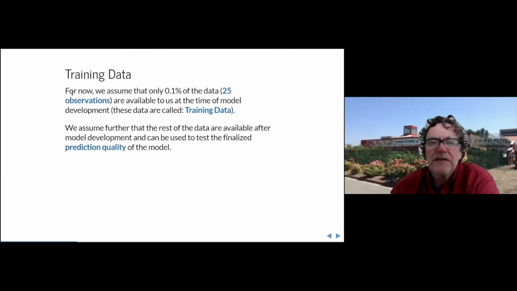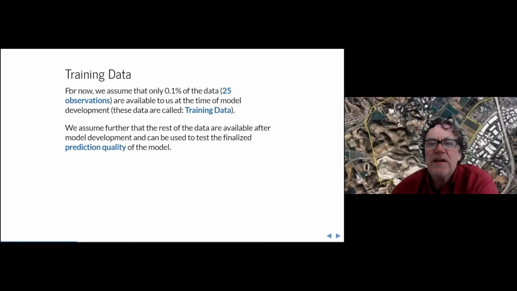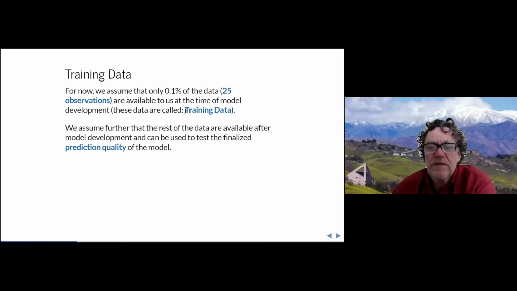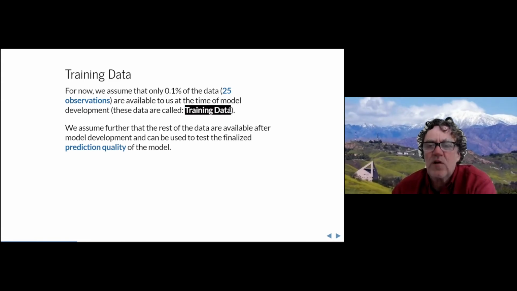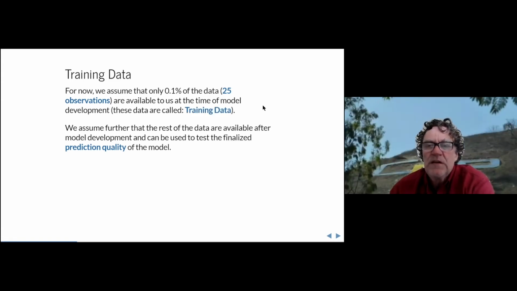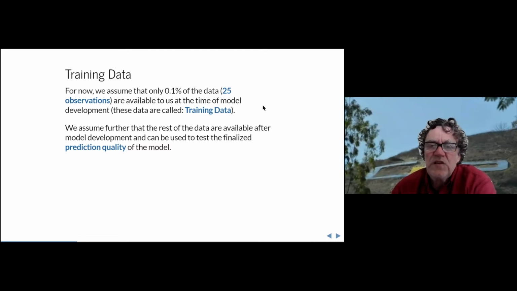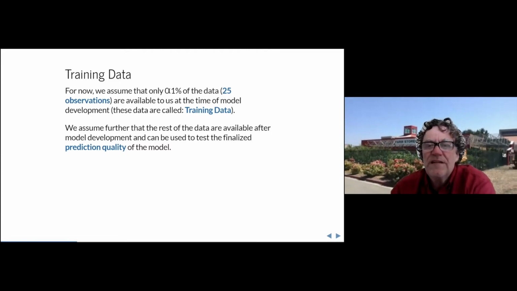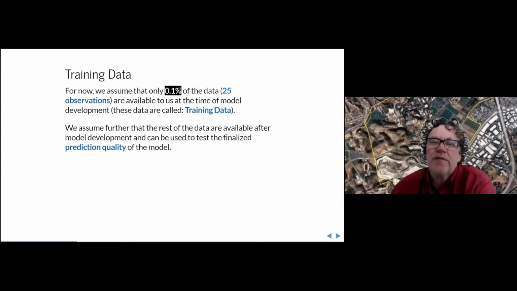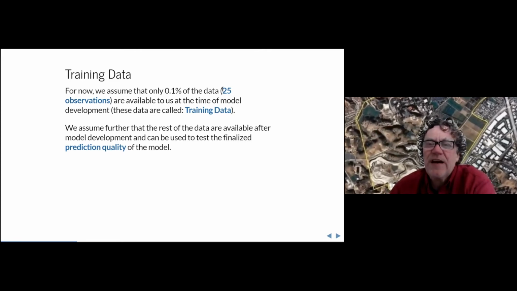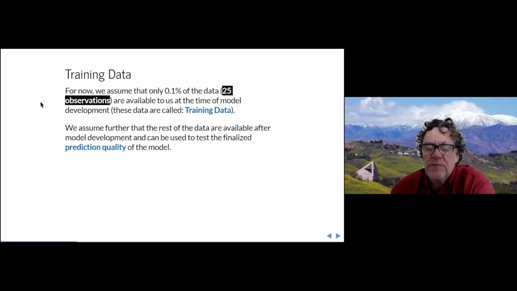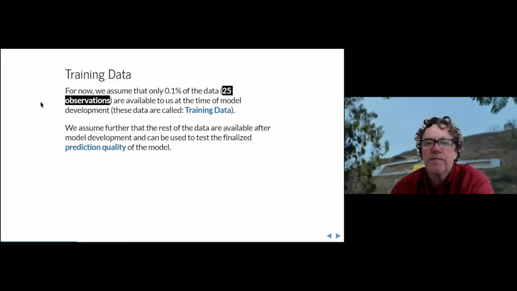Before, let's look at the data we are using to create the model. These data are called training data. And in order to induce overlearning, we use only 0.1% from the data. That leaves us with 25 observations, which is obviously not a lot.